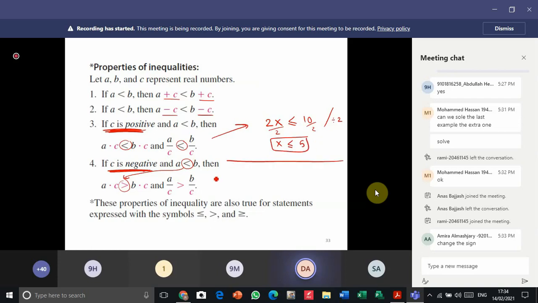But if we have a negative coefficient, for example, minus 2x less than or equal to 10, we need to divide by negative 2. By dividing by negative 2, we must change the sign of the inequality from less than or equal to greater than or equal to, and x is greater than or equal to minus 5, like this. Okay?